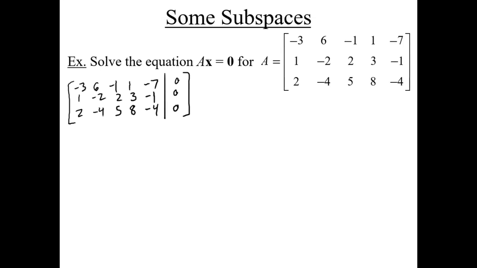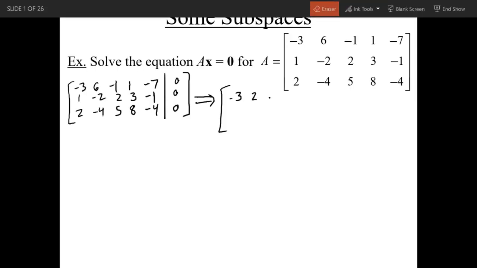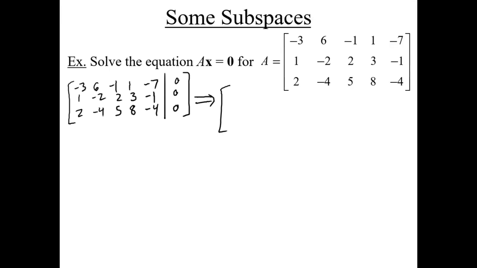Okay. I'm going to switch the first and second rows. So 1, -2, 2, 3, -1, 0.